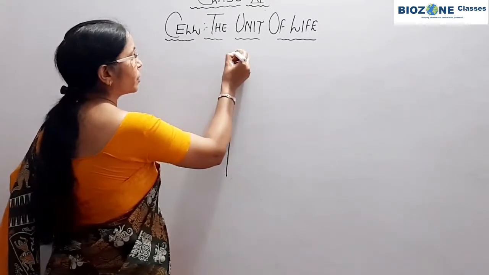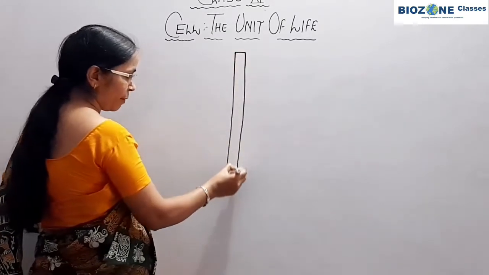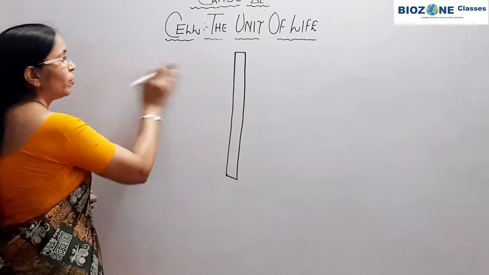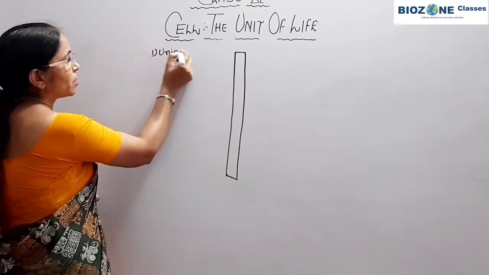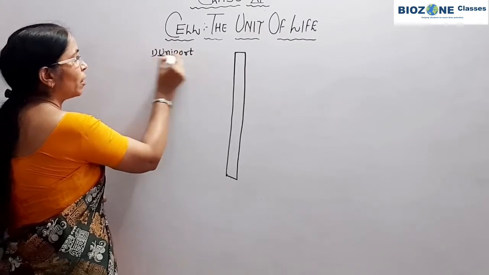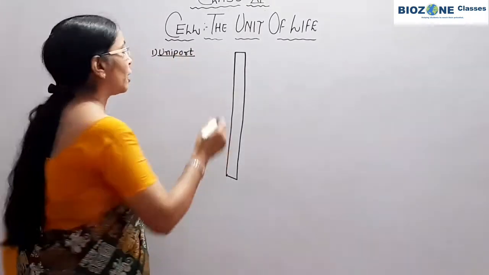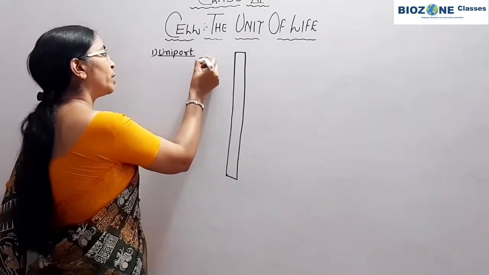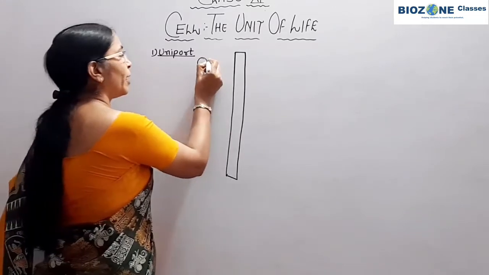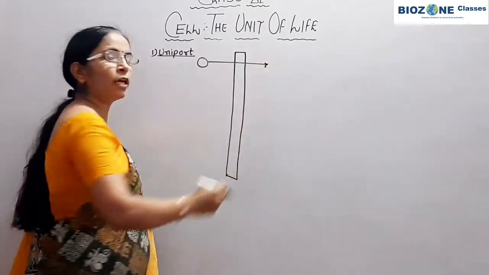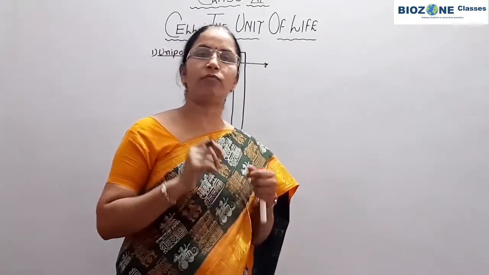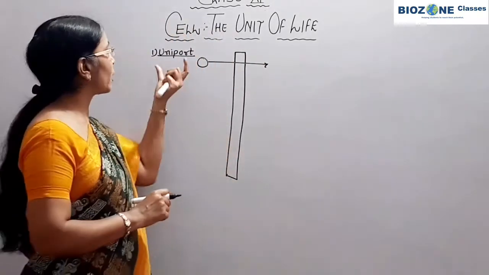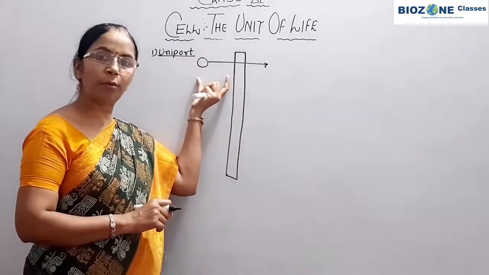Here you remember this is the plasma membrane or cell membrane, and when we study uniport, uni means simply a single. So when the transport of one single molecule takes place, and this transport always takes place in the same direction, then that transport is called uniport.